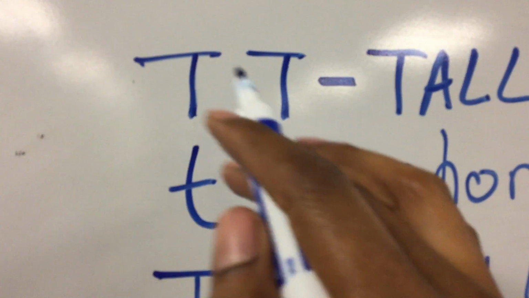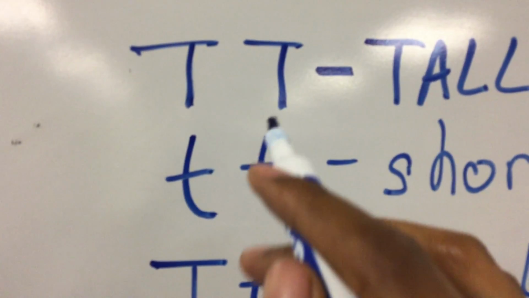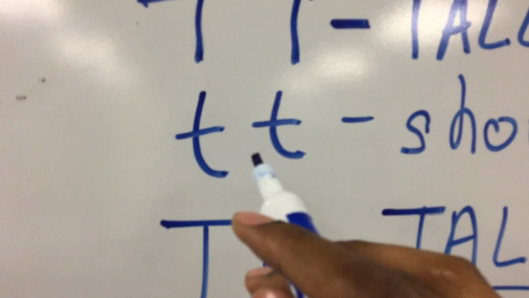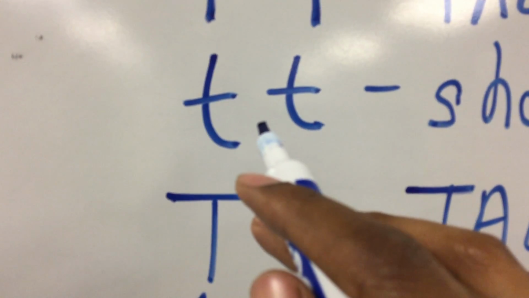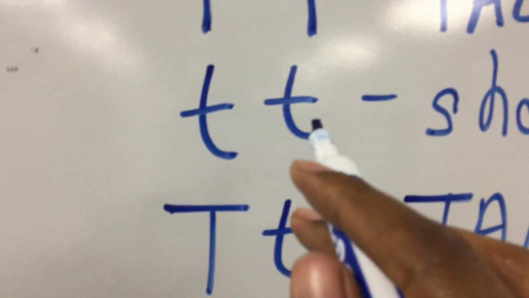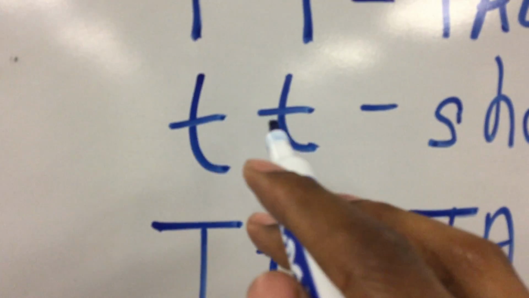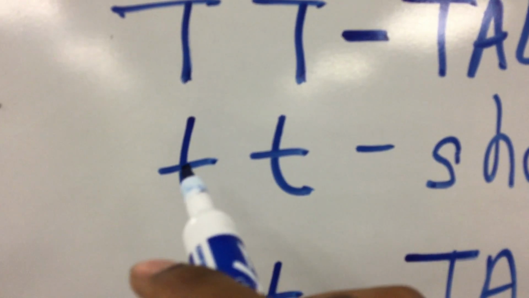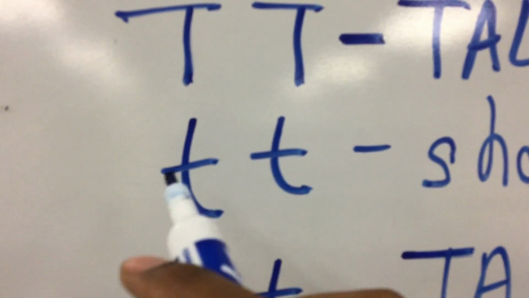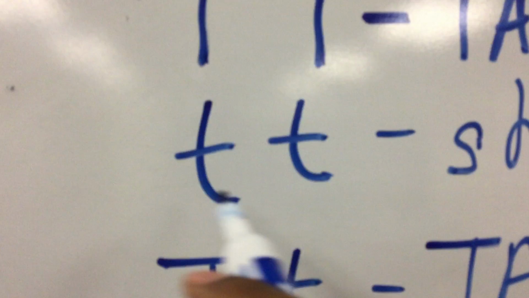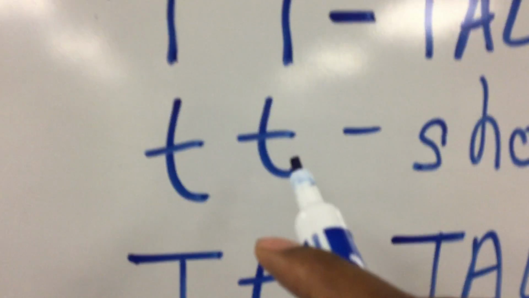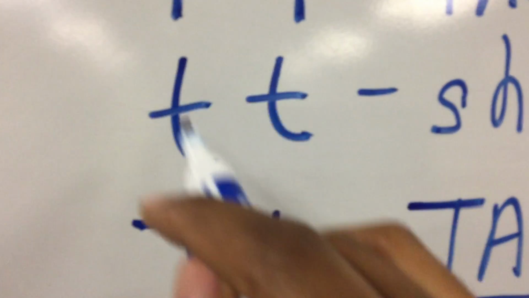So we would call this homozygous dominant. Is this one homozygous or heterozygous? Correct. This is also homozygous because they're the same alleles. Now, is this homozygous dominant or homozygous recessive? Correct. This is homozygous recessive because these are both recessive alleles.